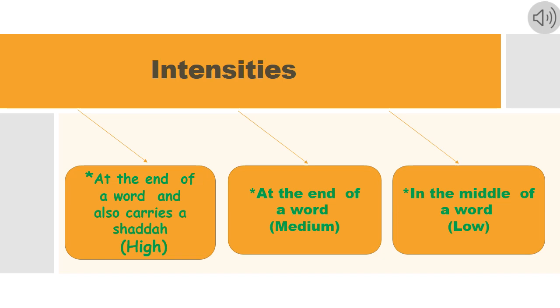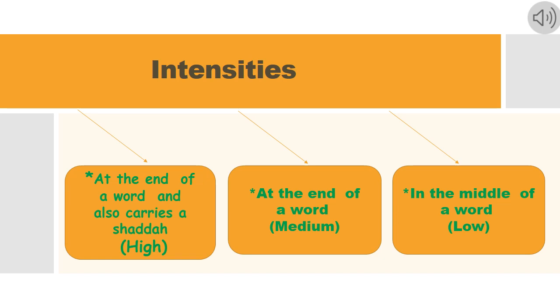Number two, or level two: if the echo letter is at the end of a word and it is going to be read as sakin, so maybe you are pausing or stopping, then the echo must be medium. Okay, medium.